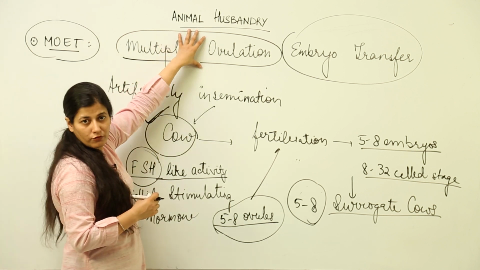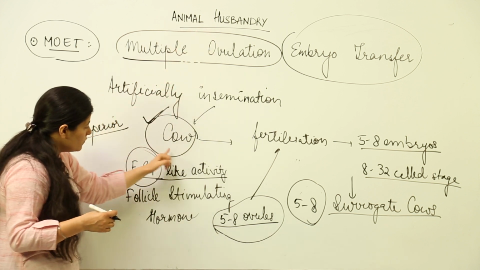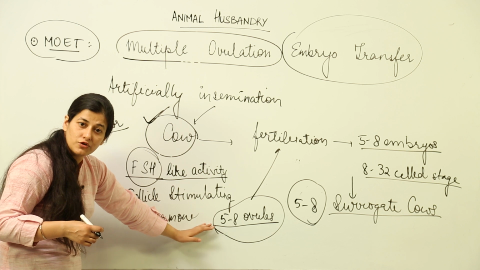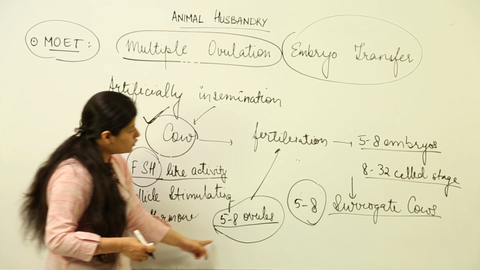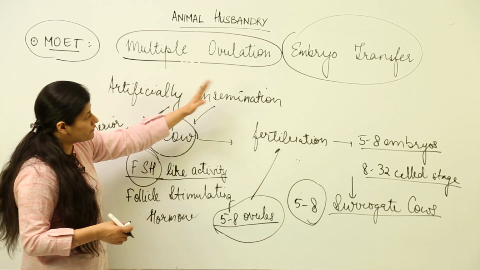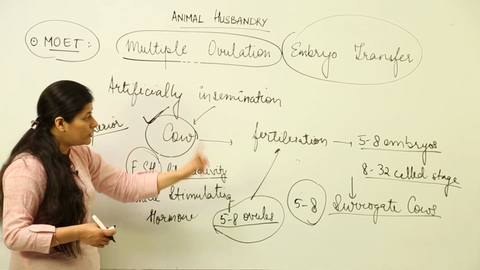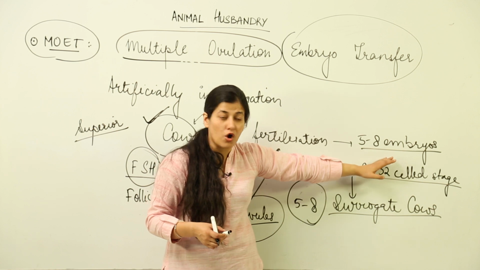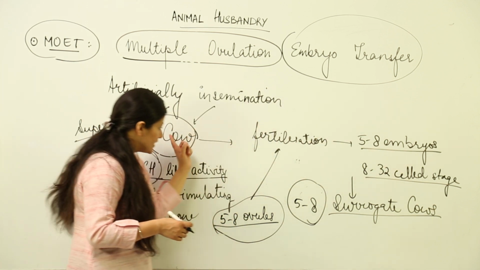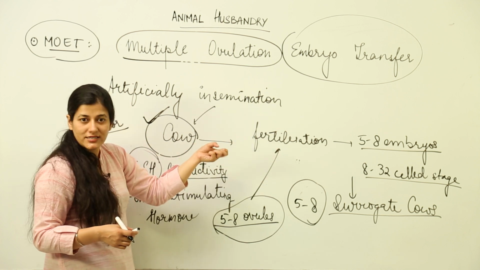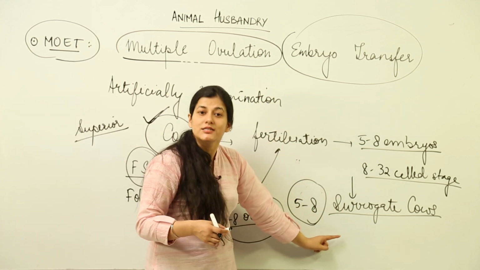We had multiple ovulation. We subjected a cow to FSH-like activity hormones which produced 5 to 8 ovules instead of 1. Those ovules were fertilized using the artificial insemination method where the semen is taken from a superior bull. That resulted in the formation of 5 to 8 embryos inside that cow only. Now those embryos are to be extracted at the 8 to 32 cell stage and implanted in the surrogate cows.